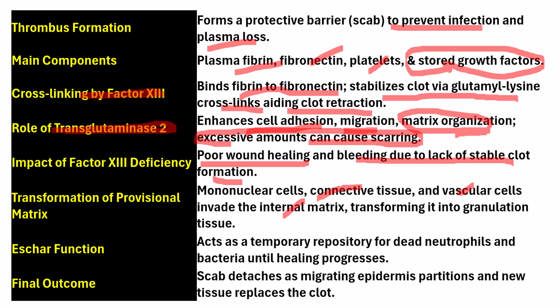Finally, it detaches as the migrating epidermis comes together and partitions the scab or ishkar from the newly forming epidermis or epithelial tissue, and new tissue replaces the clot.